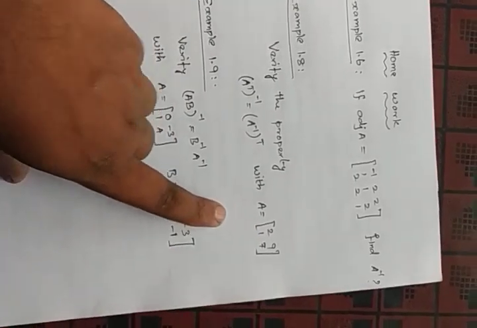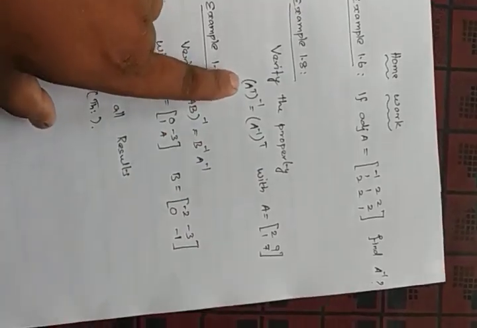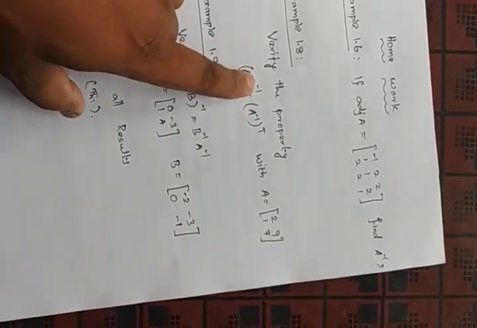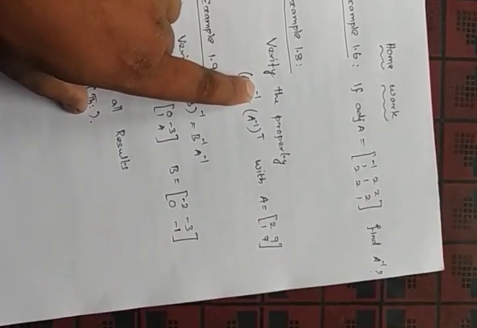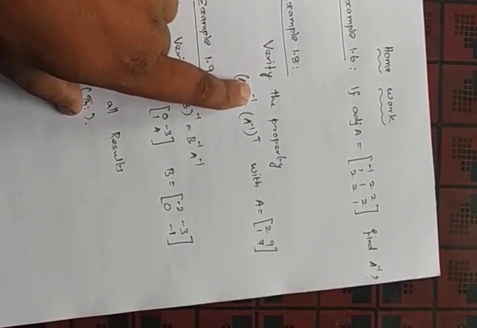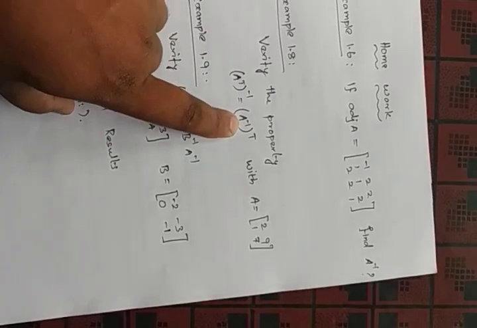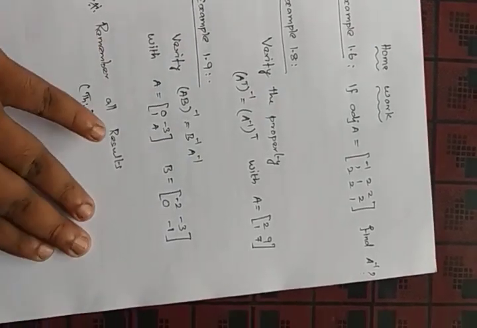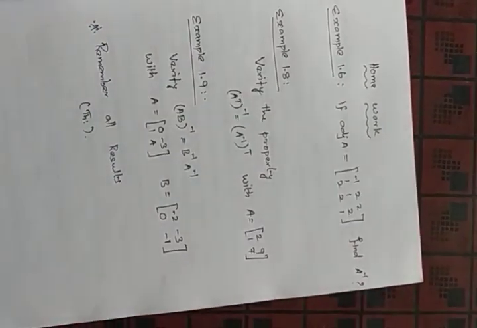For the LHS, first you take the transpose, then for the transpose you find the inverse. Is that clear? What's the formula? A inverse equals 1 by determinant A into adjoint A. That's the formula you can use. For the RHS, first you take the inverse, then you take the transpose. After getting them separately, LHS separate and RHS separate, check whether their values come out equal or not.